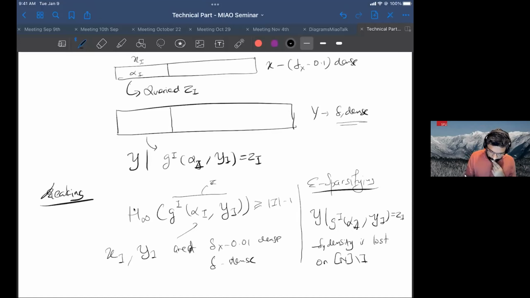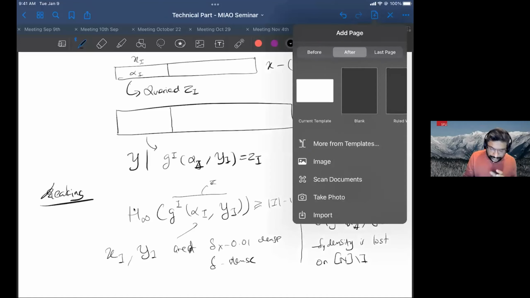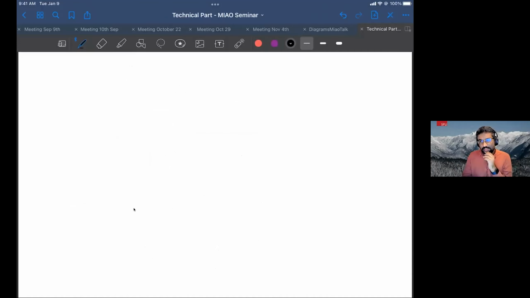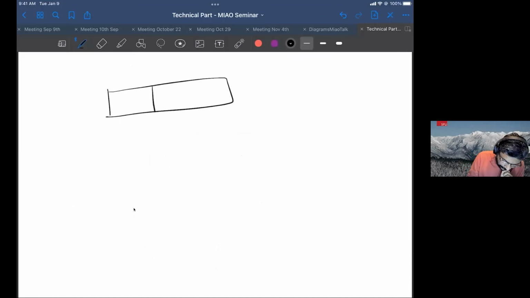So one way to analyze this condition is to look at the effect of fixing some blocks of y on the gadget output. So what are we saying? We fixed gi of alpha I yi equals some zi, and because of that we lost density on n minus I. So there's some j subset of n minus I, right?